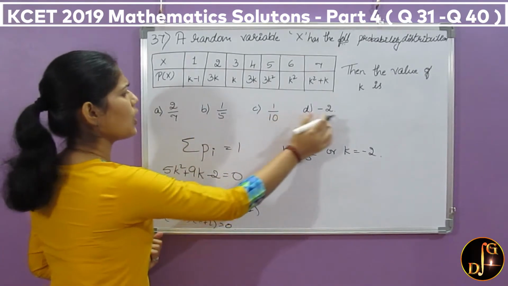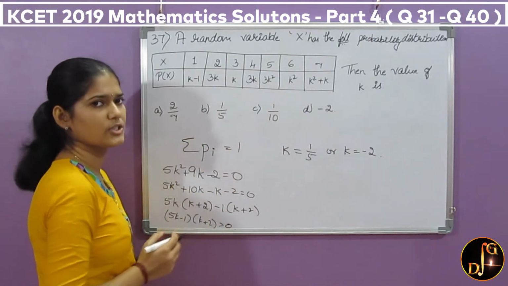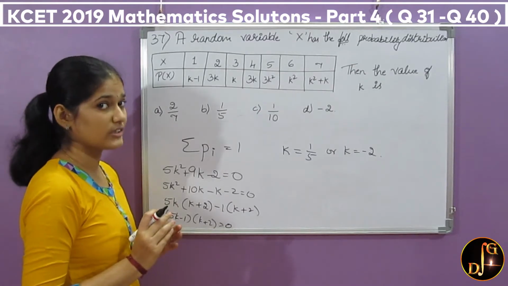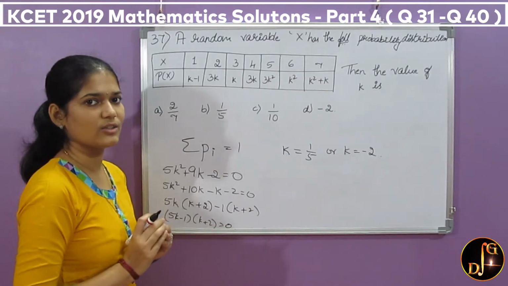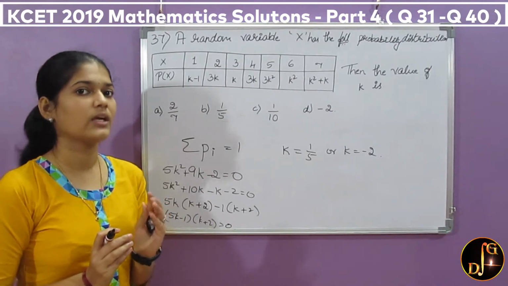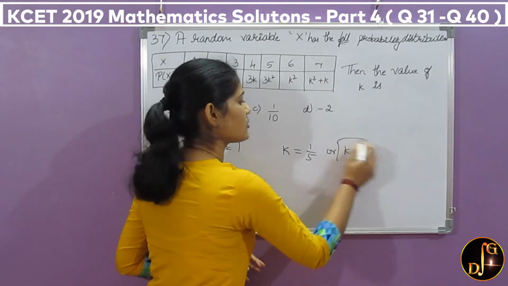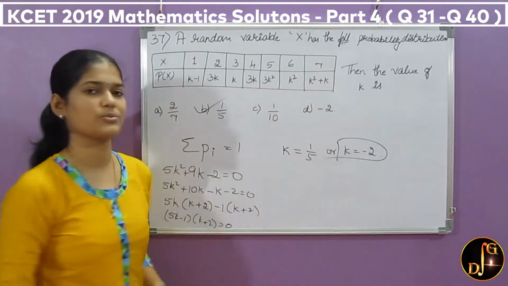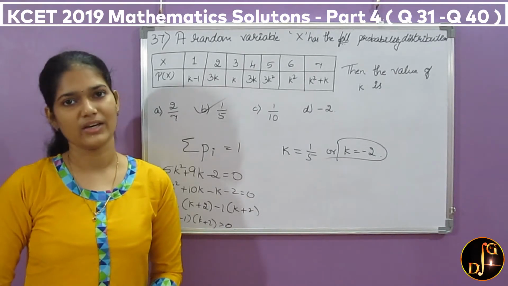We have both the options here, 1 by 5 and minus 2. What is the correct answer? For that we have another result. What is that? Probability cannot be negative. That means minus 2 is not possible, right? So the correct option is option B, that is 1 by 5, right?